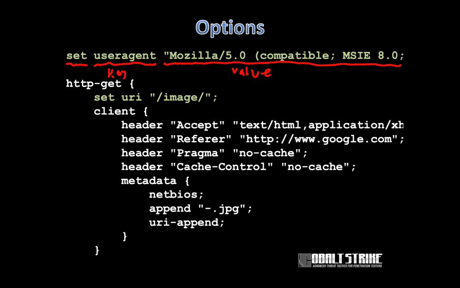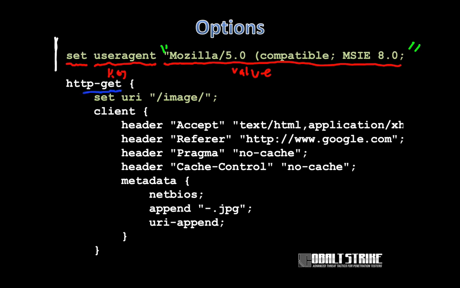One other thing about options is that the option value is always wrapped in double quotes. So it makes sense that yes, the user agent option is global. But options can exist within the context of a block.